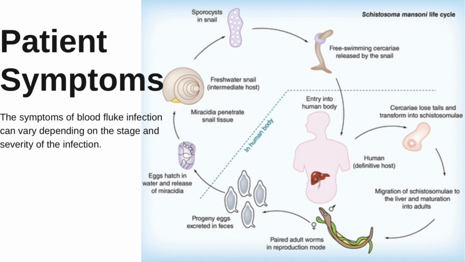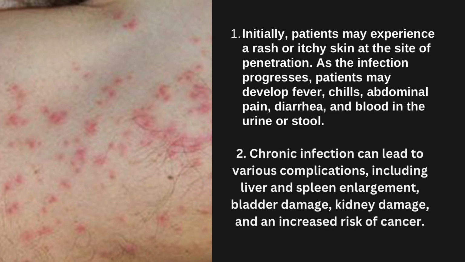Initially, patients may experience a rash or itchy skin at the site of penetration. As the infection progresses, patients may develop fever, chills, abdominal pain, diarrhea, and blood in the urine or stool.